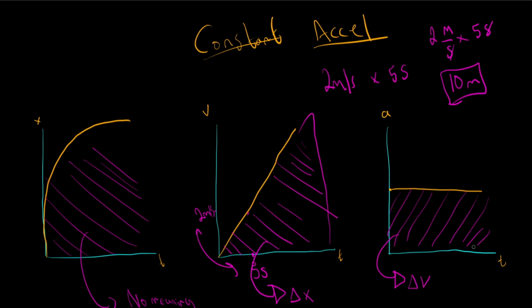And this also makes sense because if you multiply the units, if this was 2 meters per second squared, and this was 5 seconds here, then multiplying them, 2 meters per second squared times 5 seconds, it would cancel out only one second, and it would be 10 meters per second, or velocity. And again, it's not just velocity, it's the change in velocity. So it would be v final minus v initial. This is what it would give you.